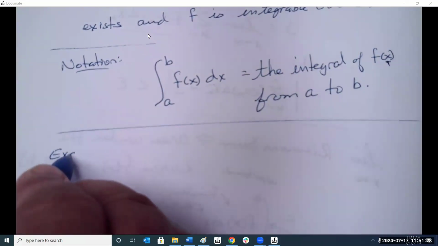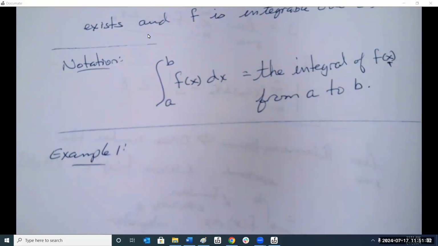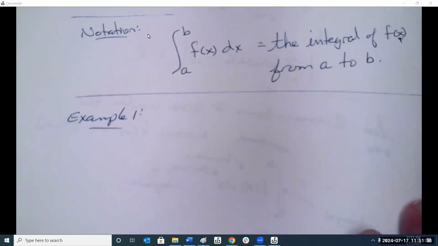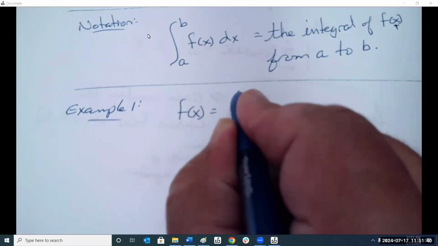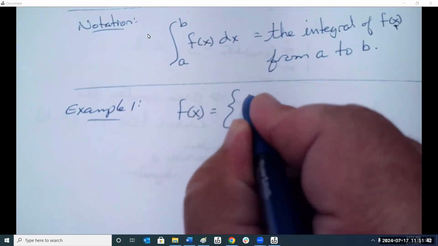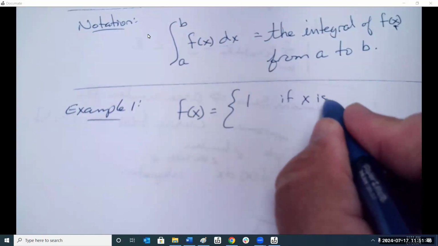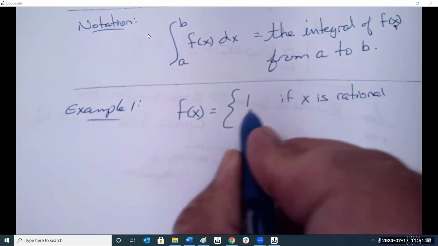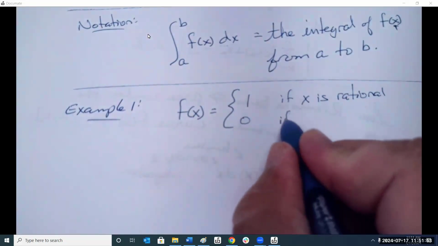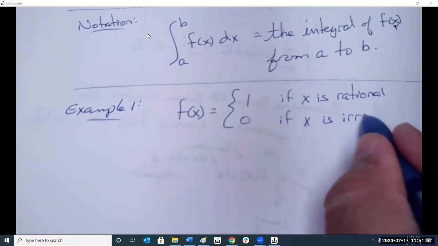Example 1. f of x is a piecewise defined function. It equals 1 if x is rational and 0 if x is irrational.